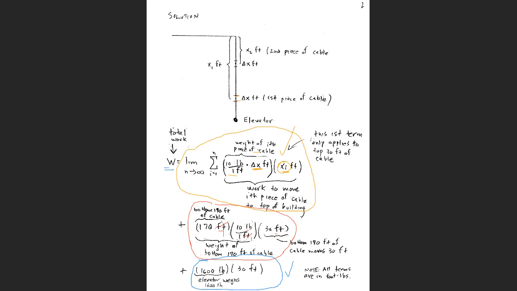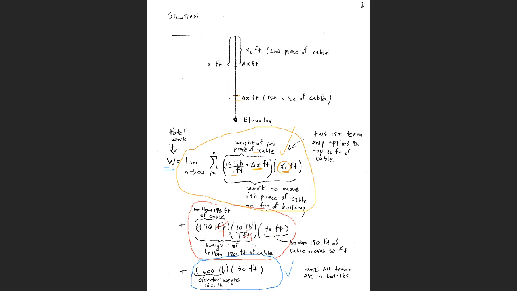So the piece of cable at the very top is right there, that's 0 feet, it gets moved. But then the piece of cable located 30 feet down from the top of the building, how far does that piece of cable get moved? What do you think? 30 feet? 30 feet, you got it.